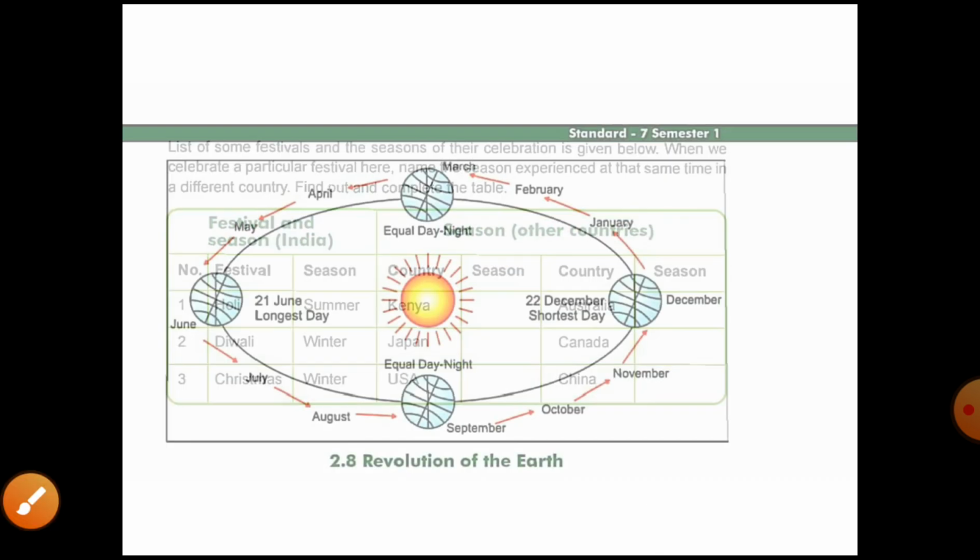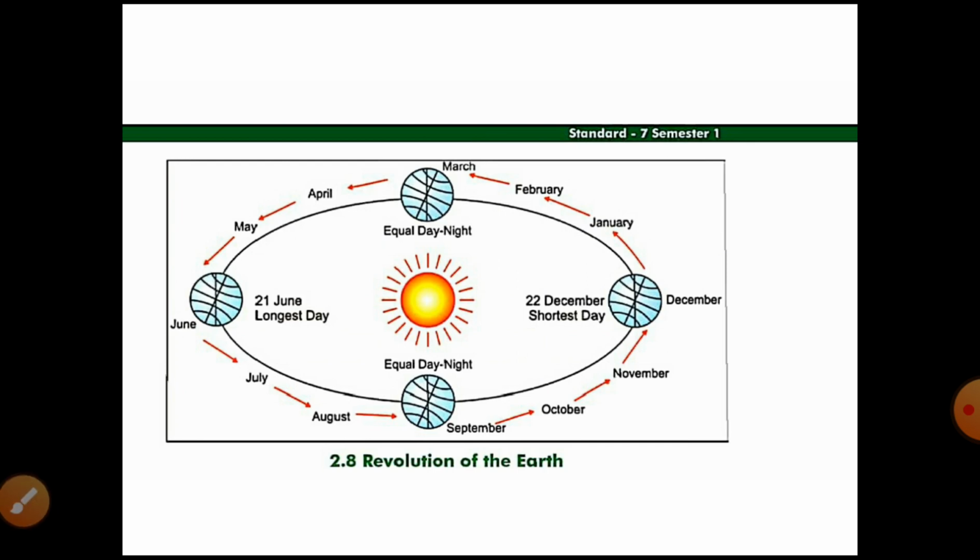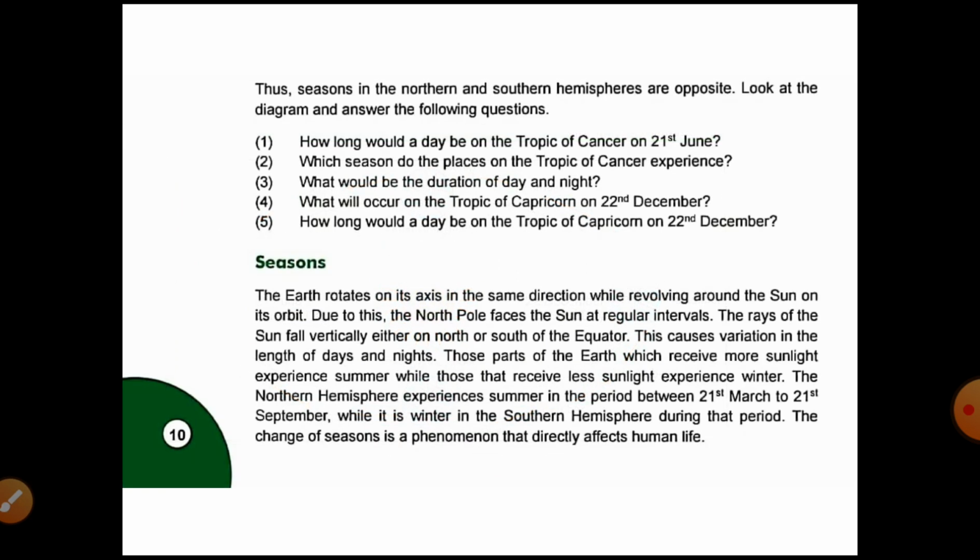Okay, now the next one is seasons. The earth rotates on its axis in the same direction while revolving around the sun on its orbit. So when the earth rotates on its axis, at the same time, in the same direction, it is revolving around the sun also.